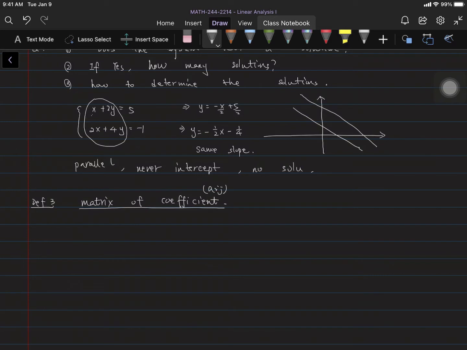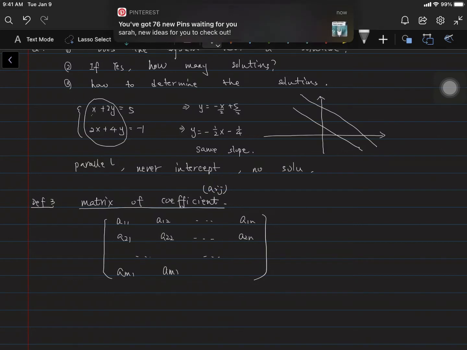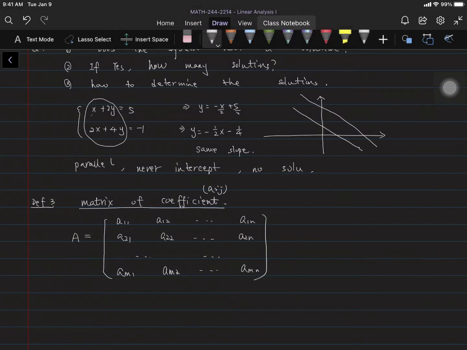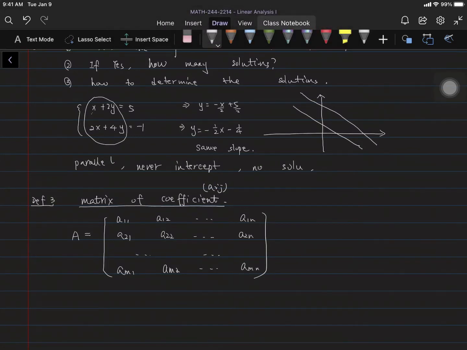So if we pick all the Aij out and make a matrix, that is called the coefficient matrix. So let's take a look. The first row, A11, A12, A1n, A21, A22, A2n, and the last row, Am1, Am2, Amn, and this is called a coefficient matrix. Okay, so you should use capital A.